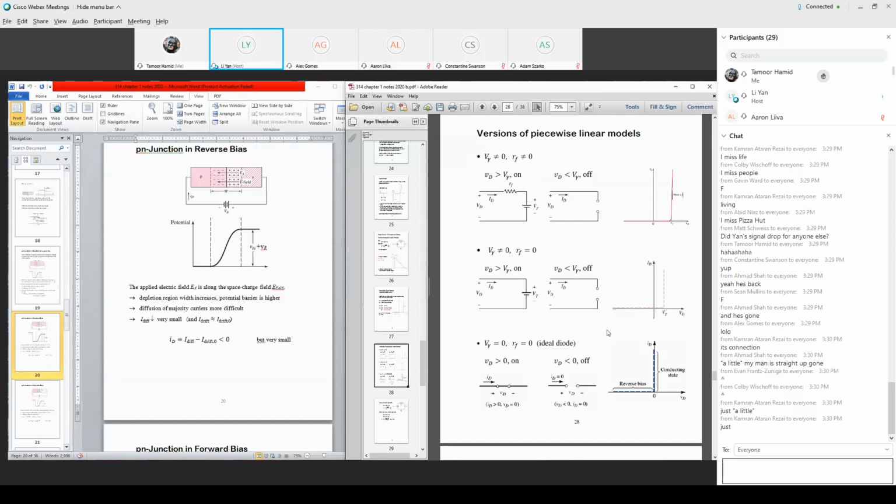This model just further simplifies, so they shoot up the non-zero current at this point. So this basically is a break point. Once the external voltage is slightly above V gamma, the current shoots up, but we model the break point at V gamma equal to 0. Did I answer your question? Okay, yeah, that makes sense. So really think about this as a break point.